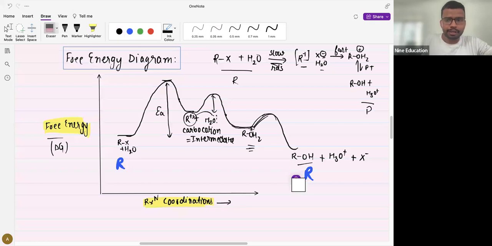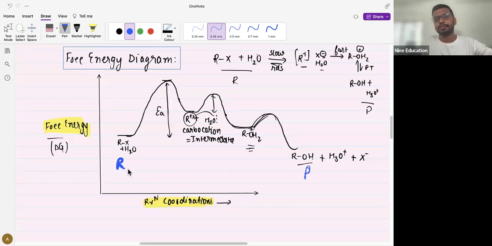Sorry, here I have written reactant, but this I will get as product. So from reactants, I have converted to products, and this free energy diagram will tell us about the energy of reactants and products.